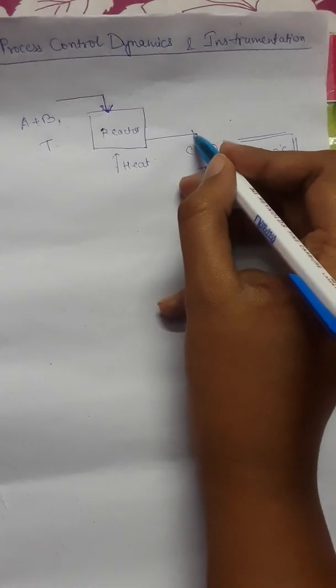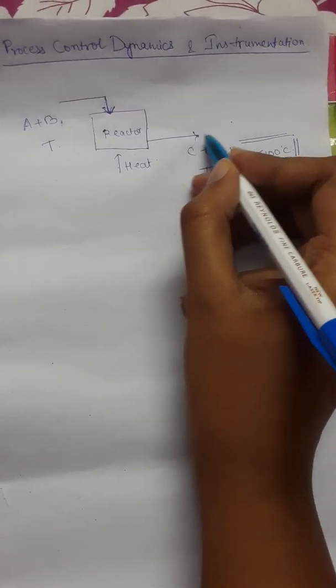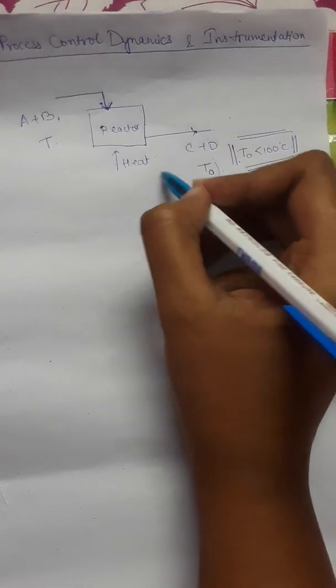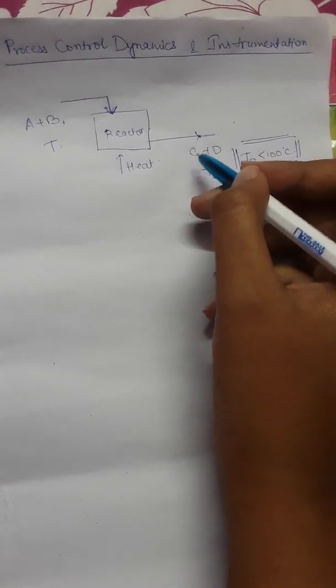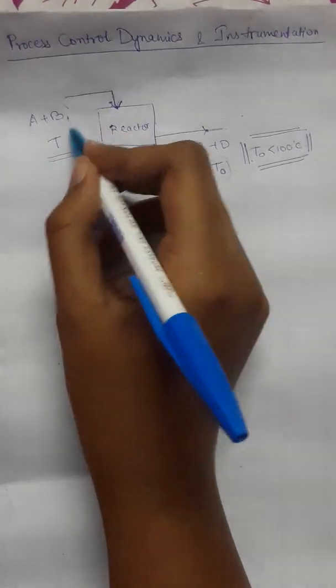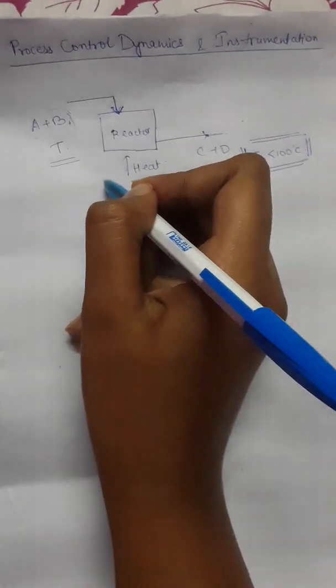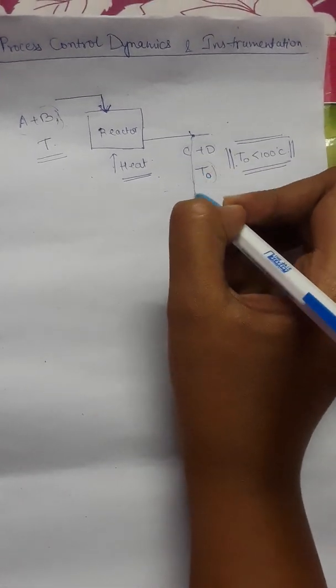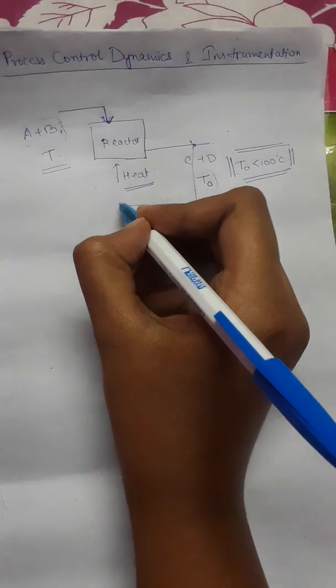So somebody has to send a message when this temperature starts reaching 100 or above 100, that the process parameters must be regulated. Now what is the main process parameter here? One can be the heat, the other can be the temperature of the mixture that is going inside the reactor. So whatever message will be sent, that should be sent in the form of a network.